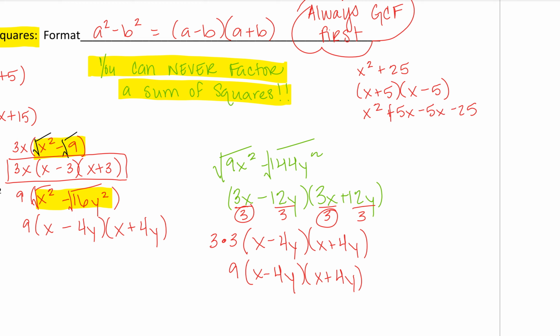I still end up with two terms in the middle that will cancel each other out, and I'm still going to end up with x squared minus 25, which was not my starting problem of x squared plus 25. Okay, you will never be able to factor a sum of squares.